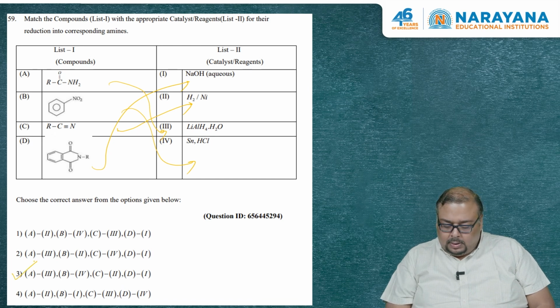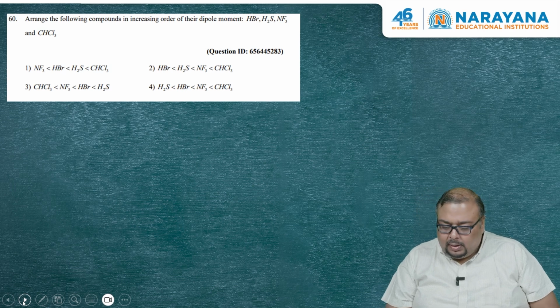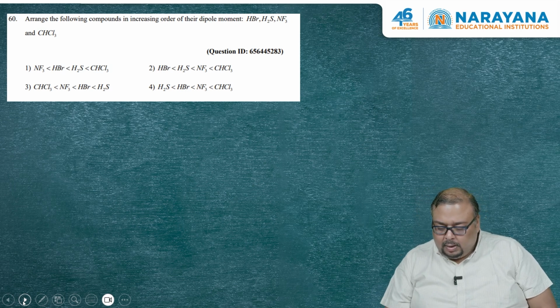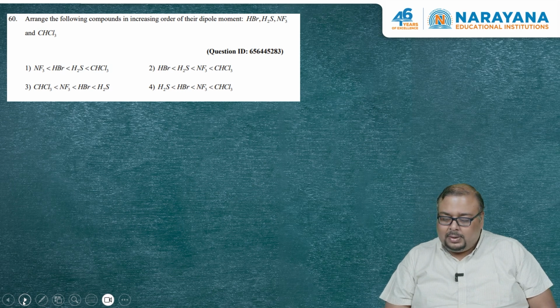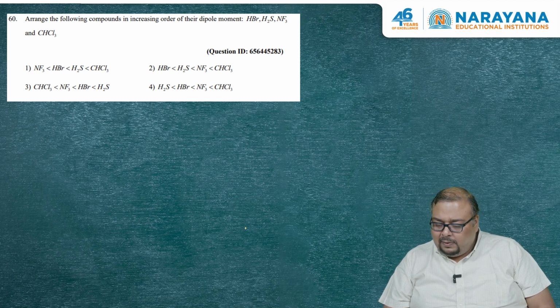Next is question number 60. They are asking to arrange the following compounds in increasing order of their dipole moments. Now this is a data based question, but if you check the highest and lowest, you can answer it very easily.